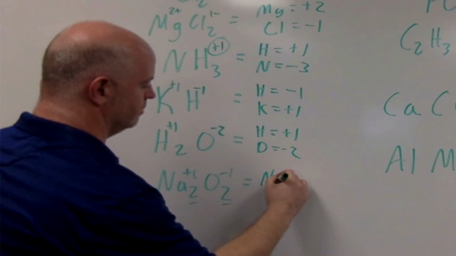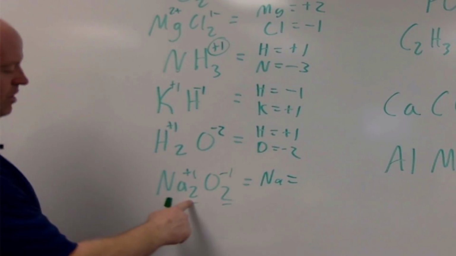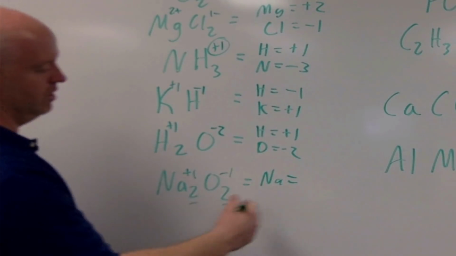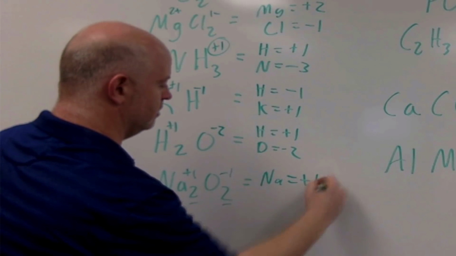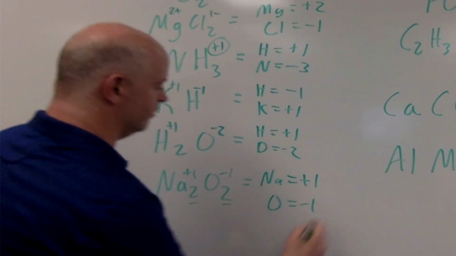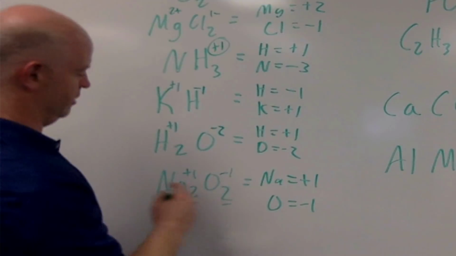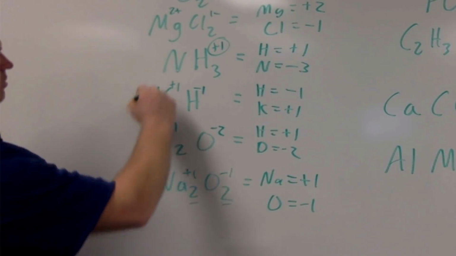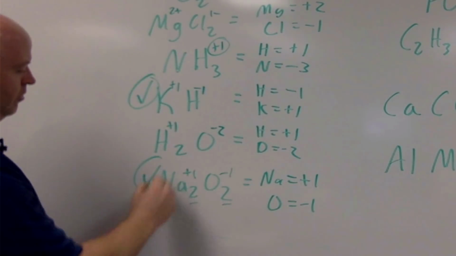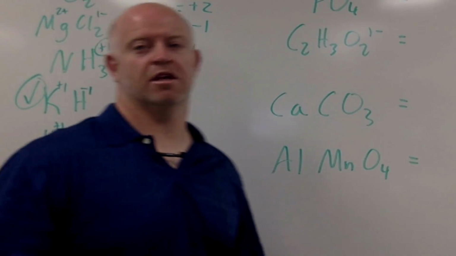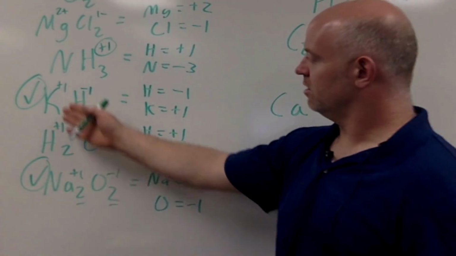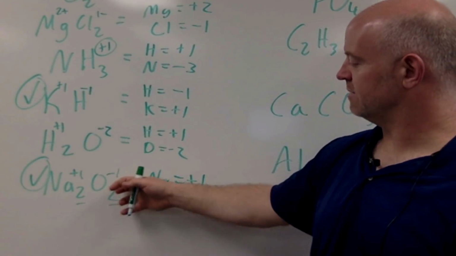Because it takes 2 of them to balance out the 1, sodium is a +1, and oxygen here is a -1. So this scenario and this scenario are pretty rare, but they do exist, and they are worth mentioning because this is an exception for hydrogen and an exception for oxygen.